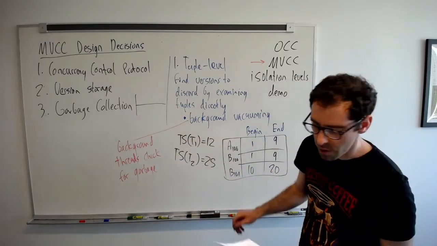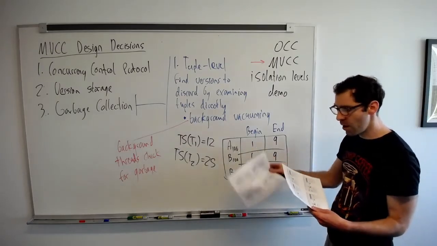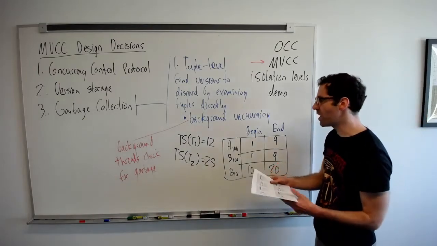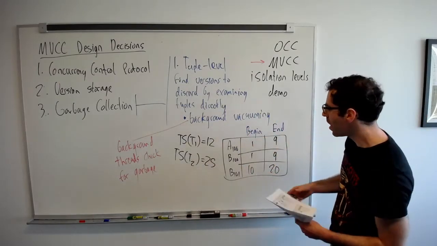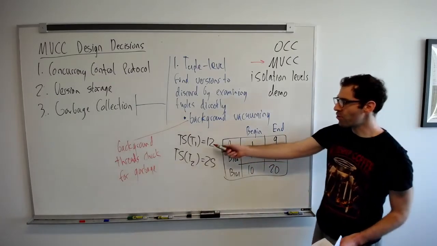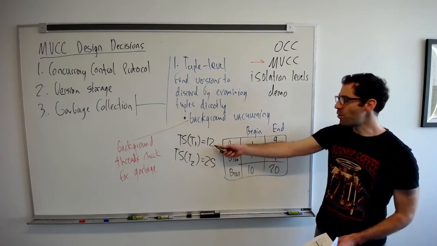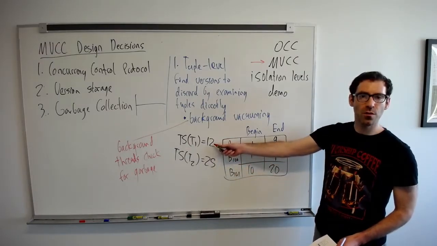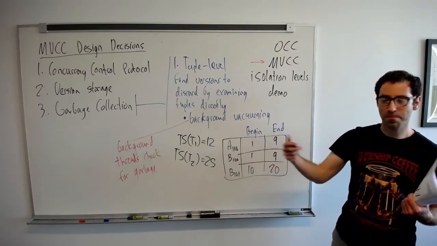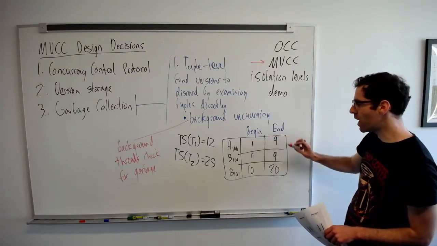So they would check this example table that I have up here and ask, does any of it need to be vacuumed up? They would go through and say, all right, A100, our transactions running on the system are 12 and 25. So the minimum transaction timestamp is 12, and it cannot access any data that ends before 12. Looking here, this is begin 1, end at 9.